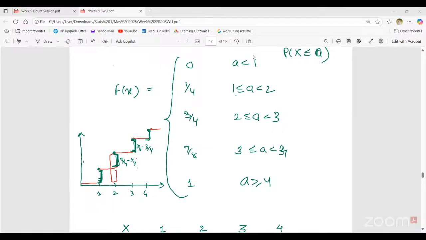Do you have the questions? What about others? Yeah, question number 14 of the practice assignment is a CDF question. Every other question you are able to solve, correct?